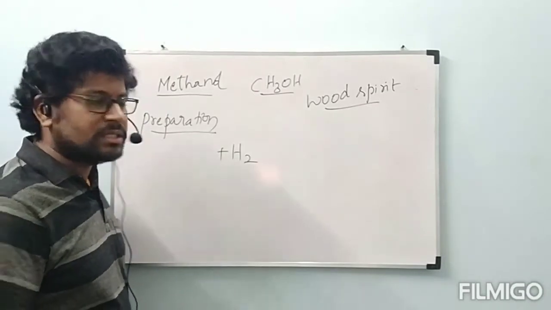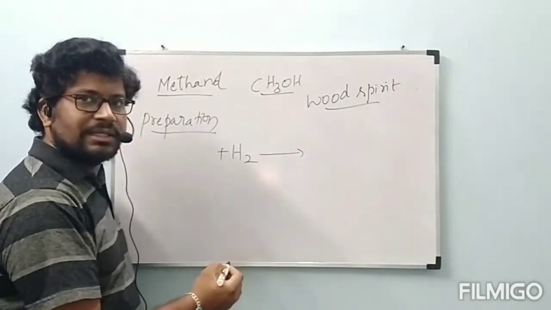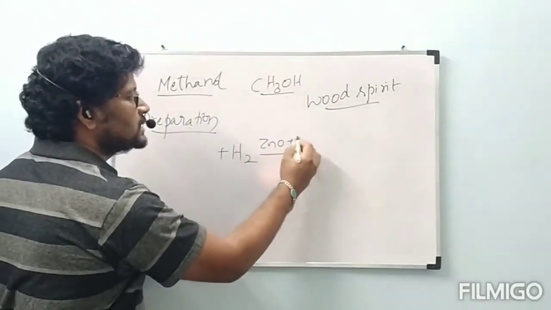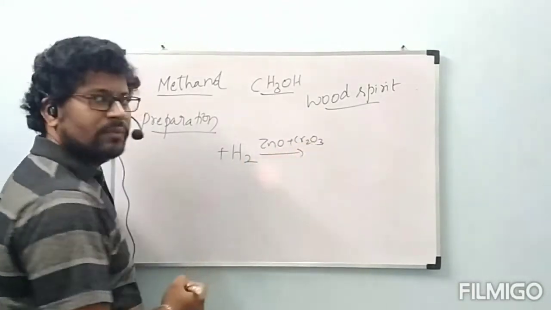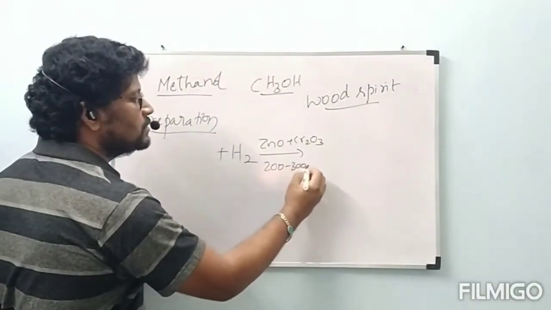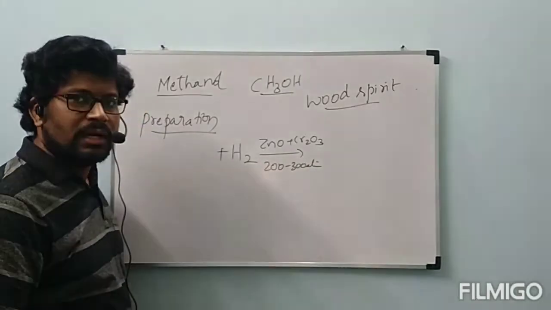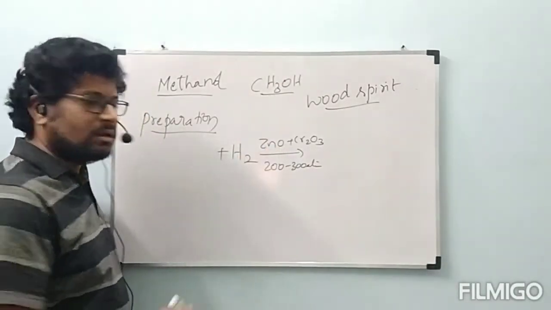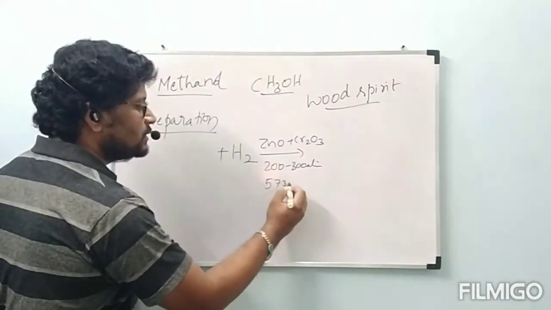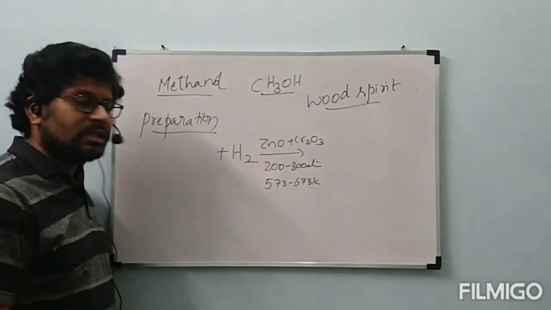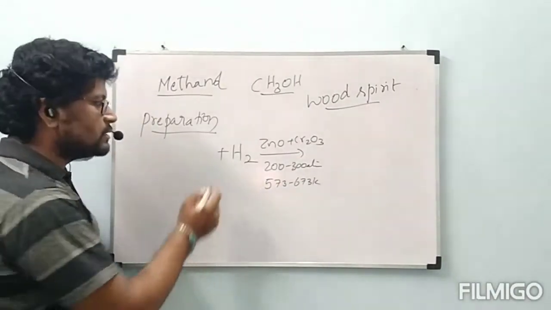In the presence of a catalyst, that is catalytic hydrogenation, ZnO plus Cr2O3, at a high pressure of 200 to 300 atmospheres, at the same time 573 to 673 Kelvin. These are the conditions for this reaction.